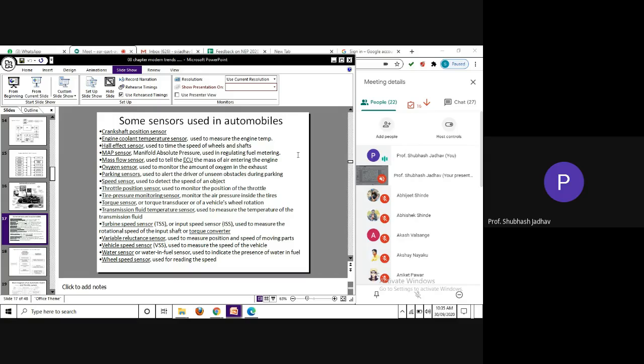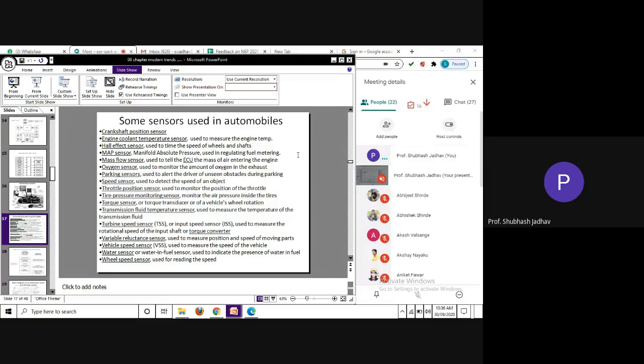Because if the air is less, oxygen availability is less, and if you spray more fuel, that is not going to burn. And if oxygen availability is more, and you are spraying less fuel, that is underutilization of the system. Then why are you supplying more air? So decrease the air then. Okay, so in such a manner this will be controlled.